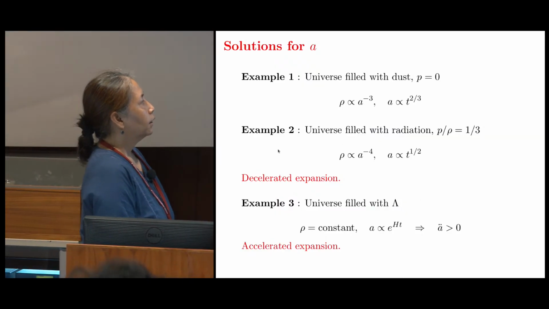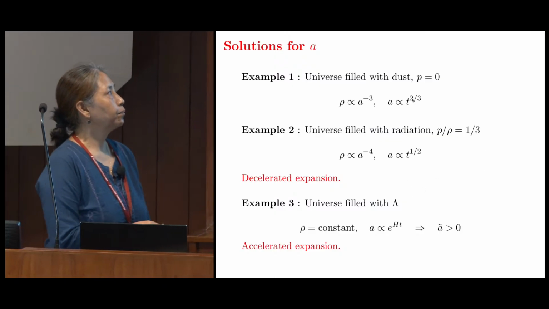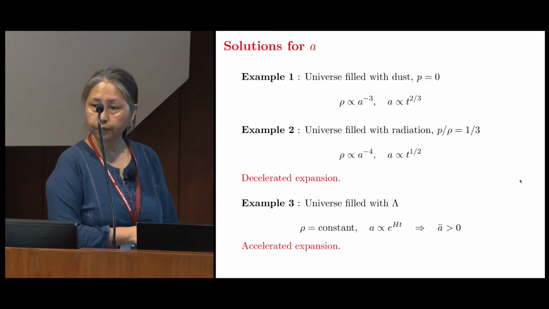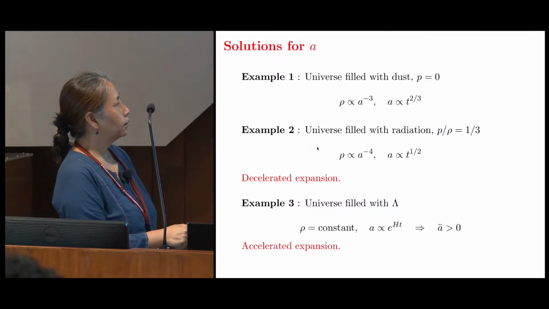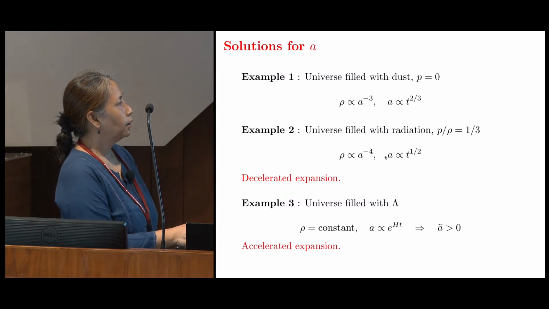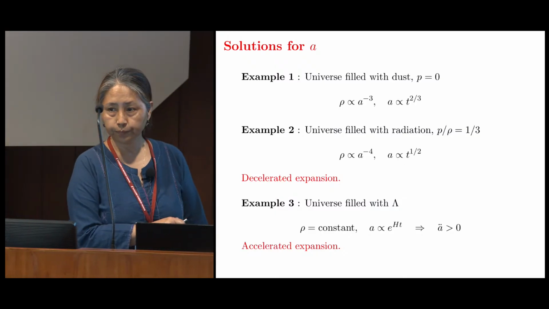The second example is if the universe is filled with radiation. Then you can work out that the equation of state is 1 by 3, and if you plug this in, you will find that rho goes as a to the power minus 4, and the scale factor you can solve as going as t to the power half.